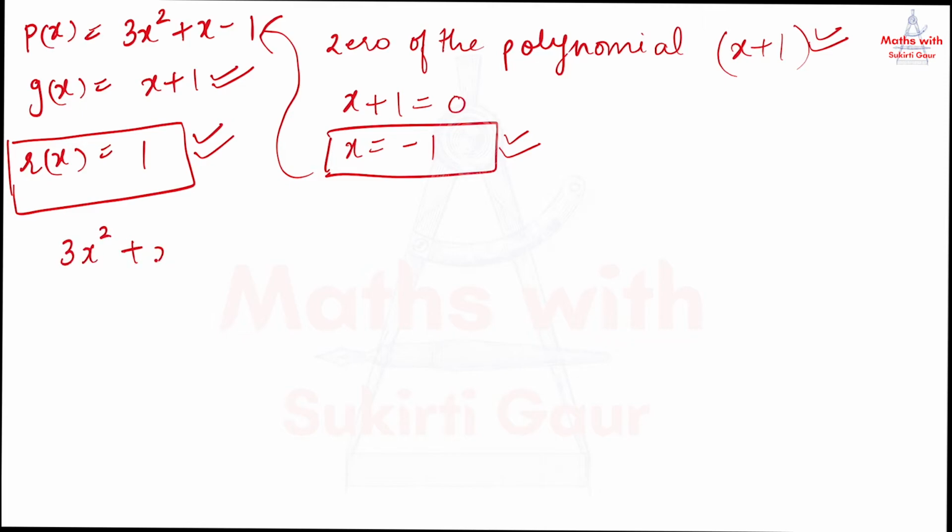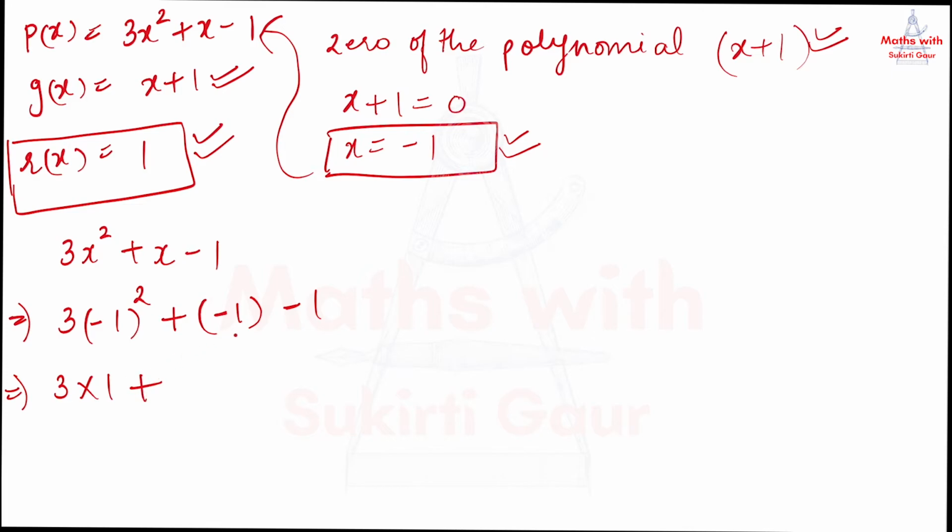3x square plus x minus 1. Now I am going to put x as minus 1. So 3 times minus 1 square plus minus 1 in bracket and minus 1 as it is. We got minus 1 square is plus 1. Here it is minus into plus, that will be minus again, and minus 1 further.